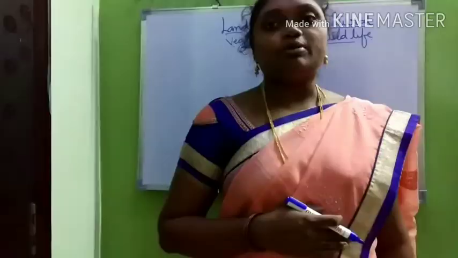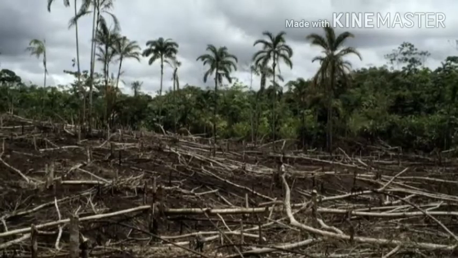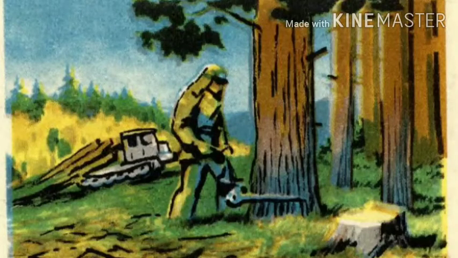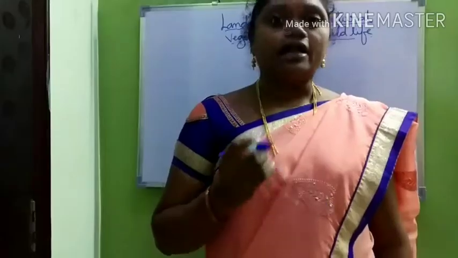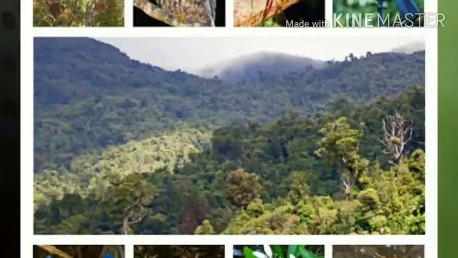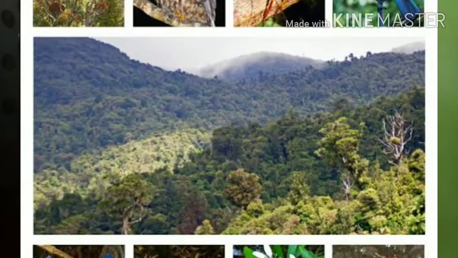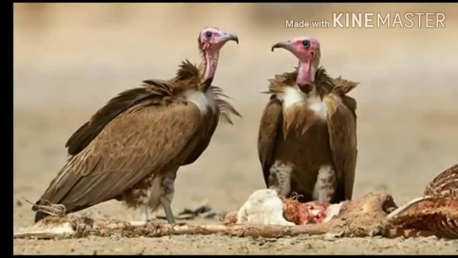With the increase of the world's population, there is a rapid decrease in forest cover all over the world, which creates an urgent need to conserve these valuable resources. So now we have national parks, wildlife sanctuaries and biosphere reserves made to protect natural vegetation and wildlife.